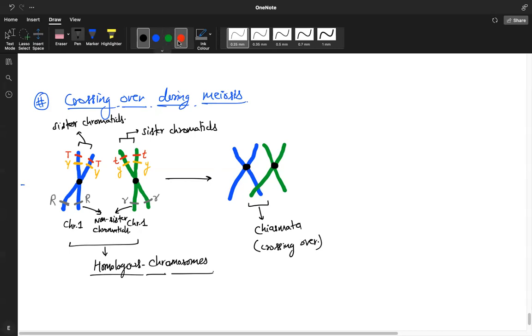Now let's again make the position of the genes. So T, T, T, T. Capital T, small t, small t. The second was the yellow gene here.